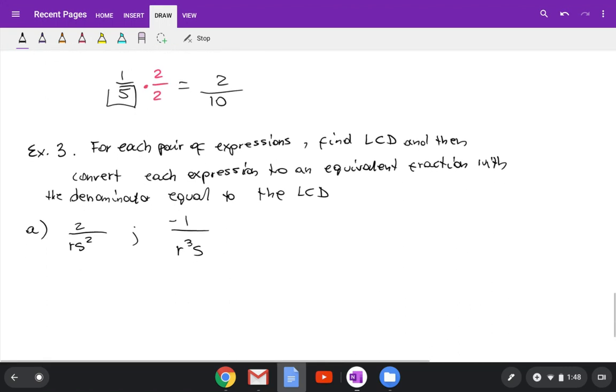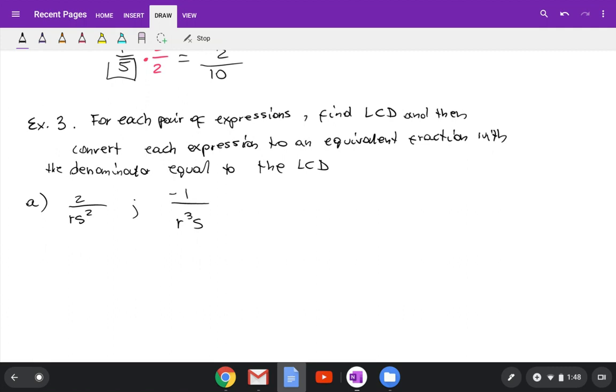So, step number 1, okay? First, find the least common denominator of RS squared and RQS. So least common denominator, okay? We're checking the factors which repeat.